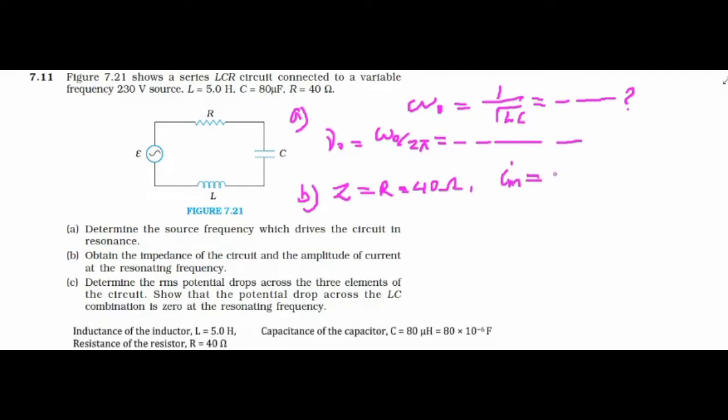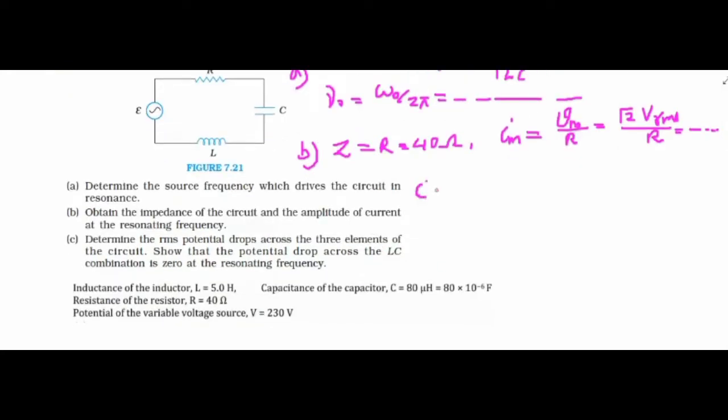For that we have to take the peak value of voltage also: Vm divided by Z, and Z is equal to R. Vm is not given, only Vrms is given. So you have to take root 2 Vrms, means root 2 into 230 divided by R, which will give the peak value of current.